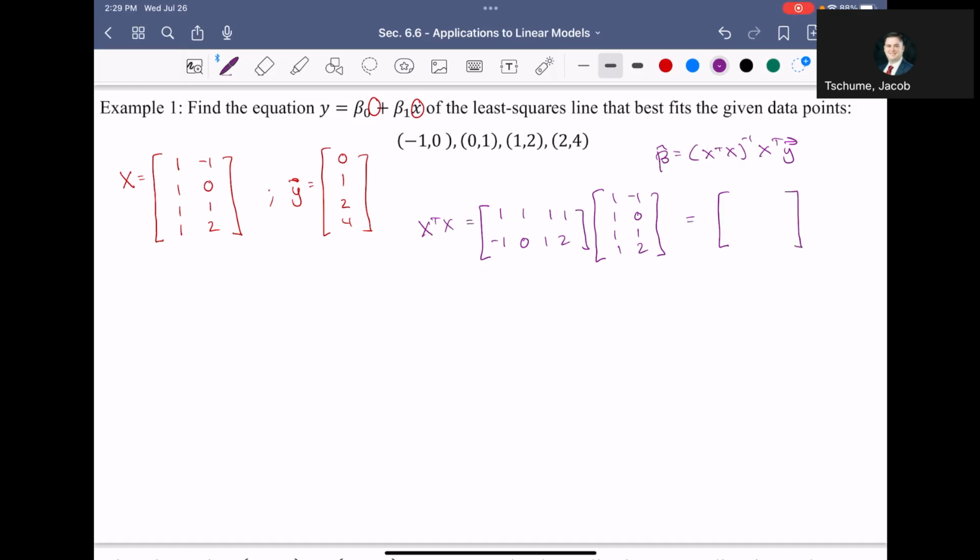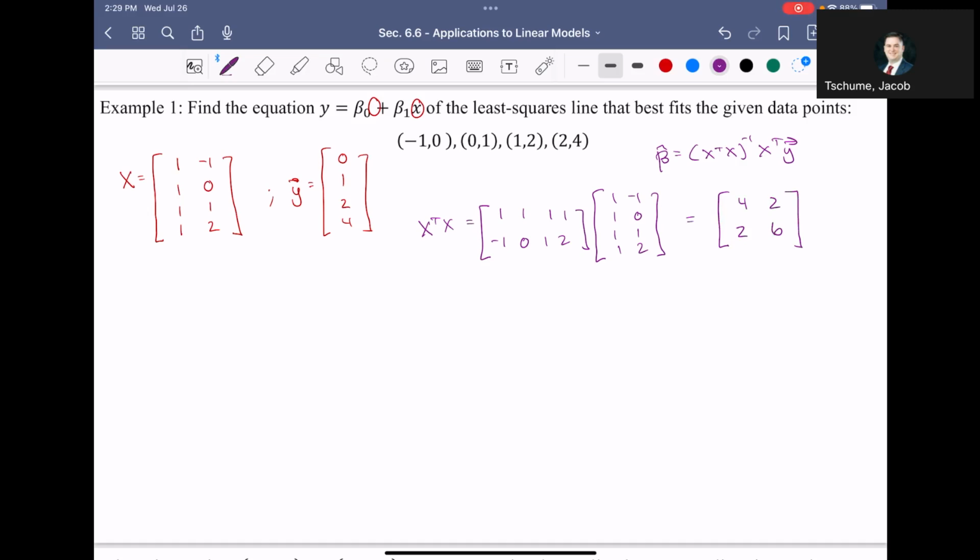So doing my row column rule, we should get answers. Let's see, first row times the columns would be 4, and then -1 and 1 cancel, so that should be 2. Second row times the first column should also end up being 2. And then second row times the second column is going to be 1 plus 1 plus 4, which is 6.